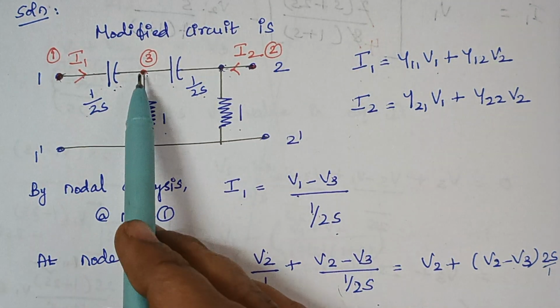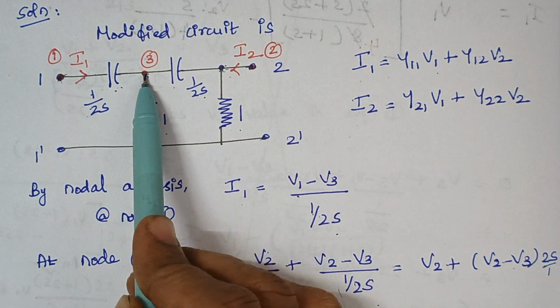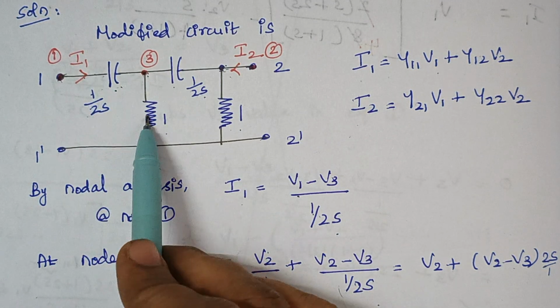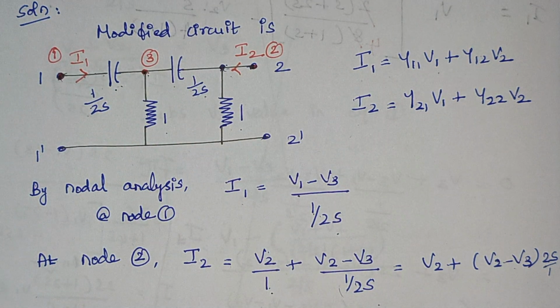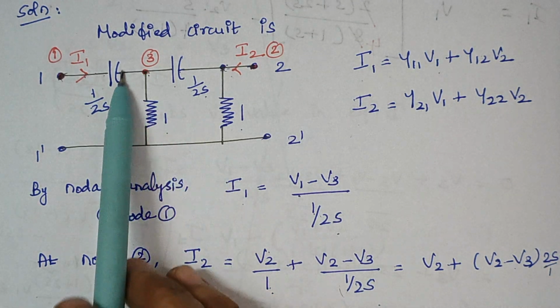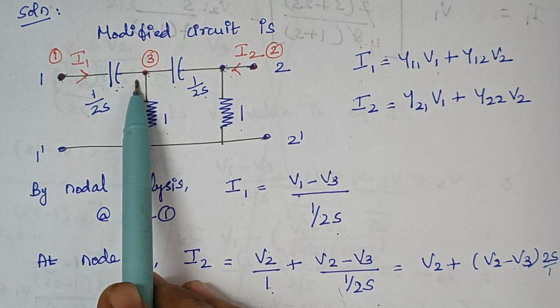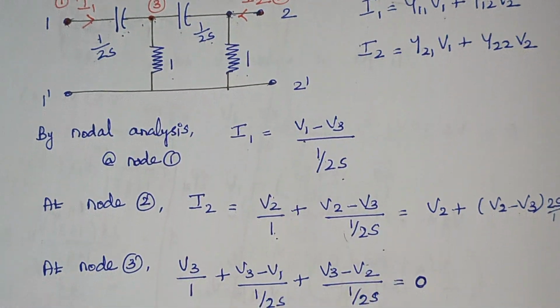Now look at node 3. To this node 3, totally how many elements are connected? 1, 2 and 3. Totally 3 elements are connected. While writing the equation, you see there is no particular current flow in this node, so the current is 0.